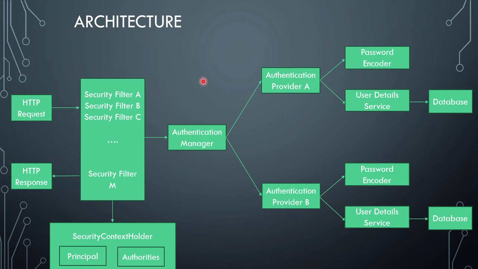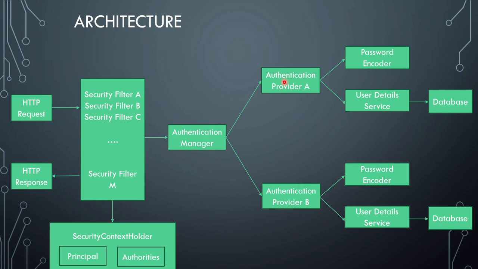If we have a complex system, we can have multiple authentication managers, each associated with a different set of authentication providers, to handle different types of authentication for different parts of the application.